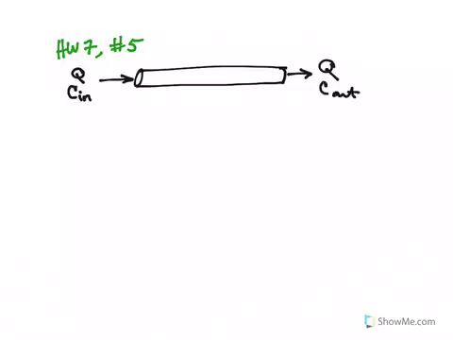And those are different because there is some reaction going on, and it's a first order reaction, and so it has formulation of negative Kc. And in this case, that means that as it moves through the plug flow reactor, it decays.